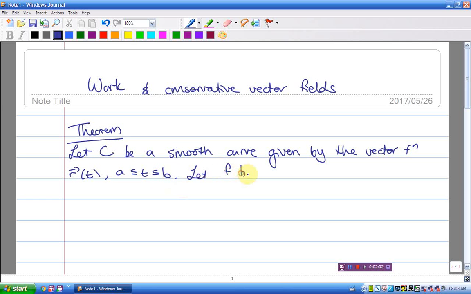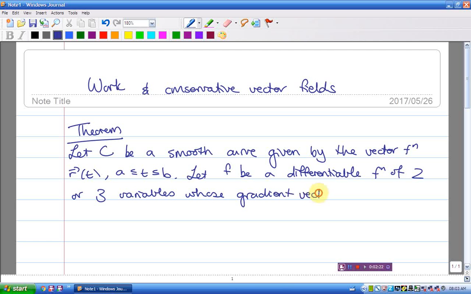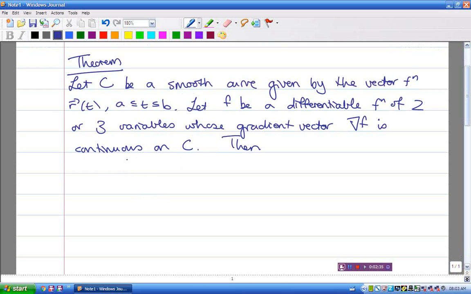Let little f be a differentiable function of 2 or 3, or in fact more, variables, but we deal with 2 or 3, whose gradient vector, grad f, is continuous on C. Then the line integral along C of grad f is simply the value of little f at one end of the path minus the value of little f at the other end of the path.